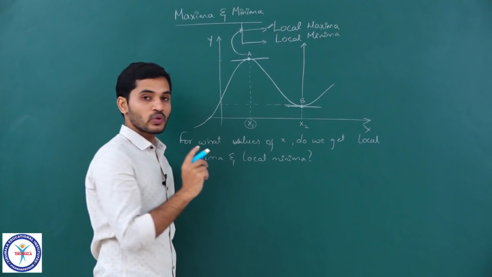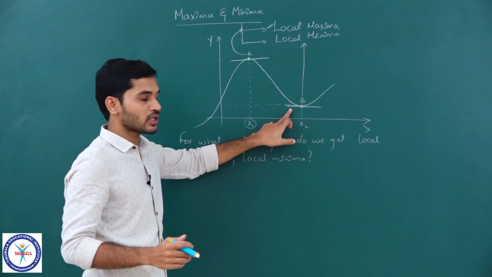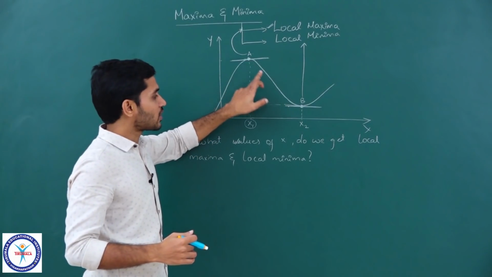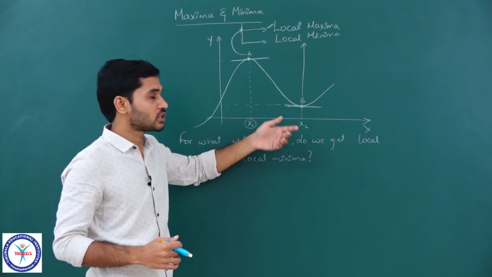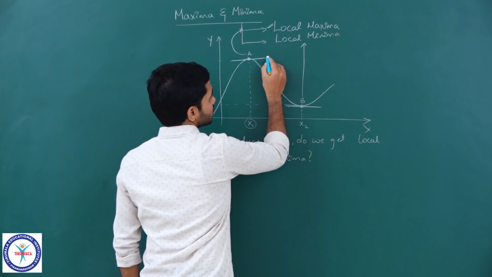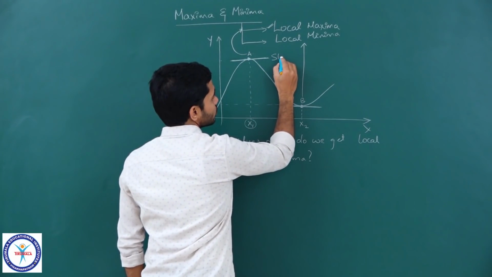Which means we can identify the local maxima or local minima of a function by finding out where the slope of the function is becoming 0, clear? Here, because the tangent is horizontal, can I say the slope is 0?